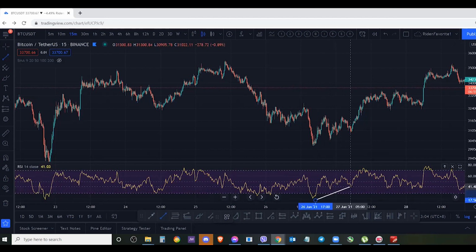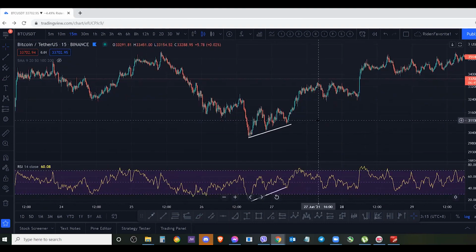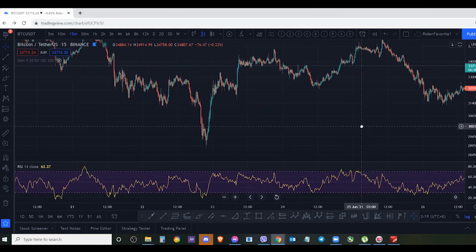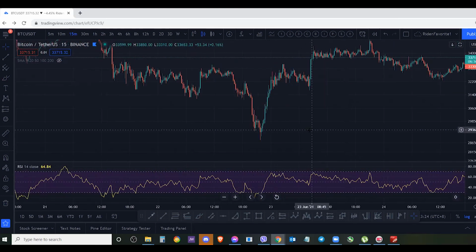As you can see here, this is not really a divergence, but the price goes up on this. There is no divergence, but we have to look for something special. So this is the divergence.